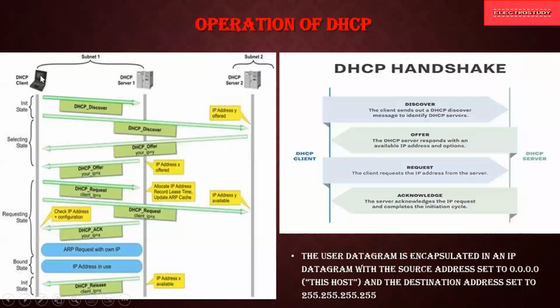And see here, you have a handshake signal. For setting up a DHCP operation, there is a particular process that has to be followed. This is the client and this is the server, server 1 and 2, whatever it is. Now here you have DHCP discover. For initializing the state, you have DHCP discover, where you will be provided with the transaction ID.